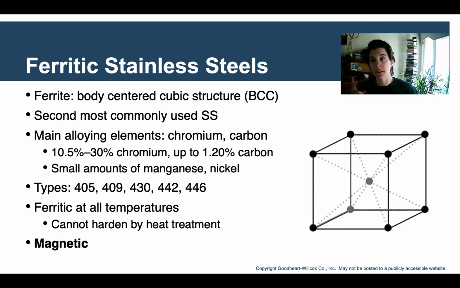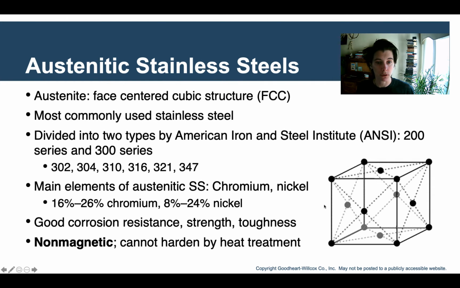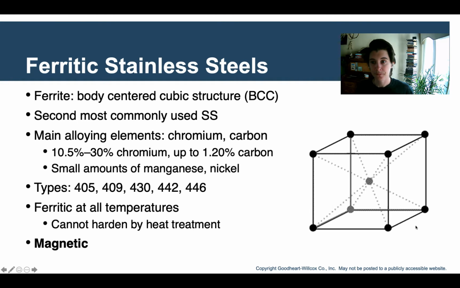So the next family, the second most common stainless steel, is ferritic stainless steel. So ferrite, the main structure that makes it ferritic stainless steel, is a body-centered cubic structure. So you see the one atom in the middle here, as opposed to all of these on the face. This is the second most commonly used.